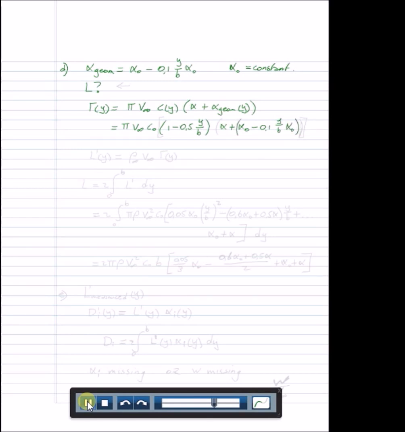There we go. So now we've got all this. This is, of course, all multiplied times those constants at the beginning. You have to realize that.